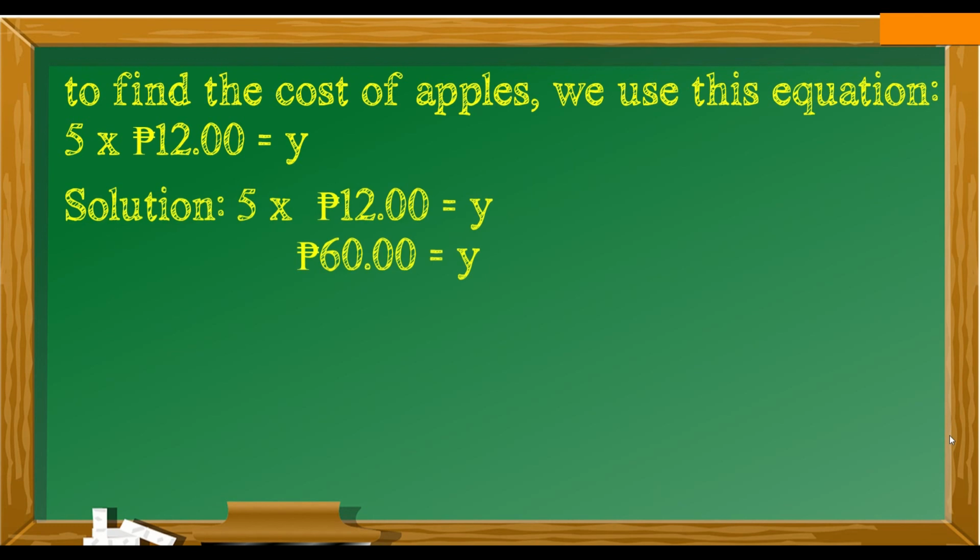Solution. 5 times 12 pesos is equals to y. 5 times 12 is 60 pesos. So that means 60 pesos is equals to y. We can now find out how much change did she receive.